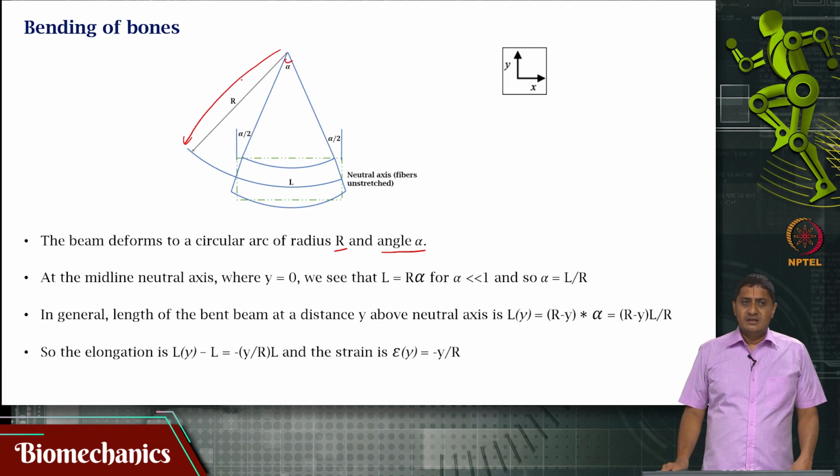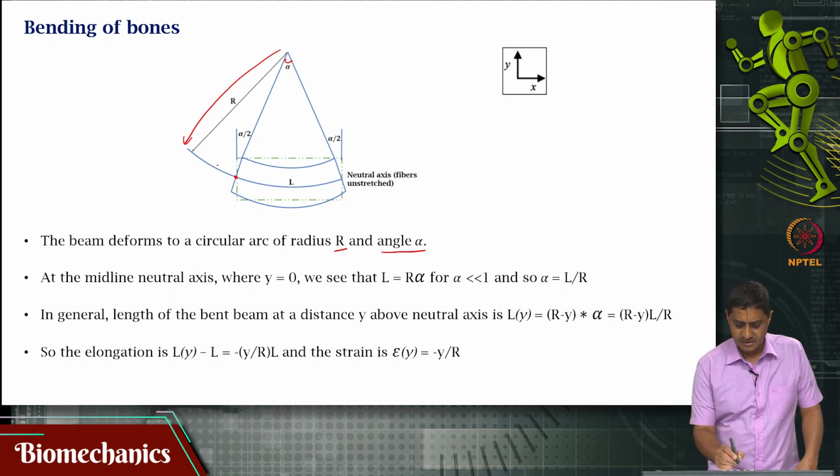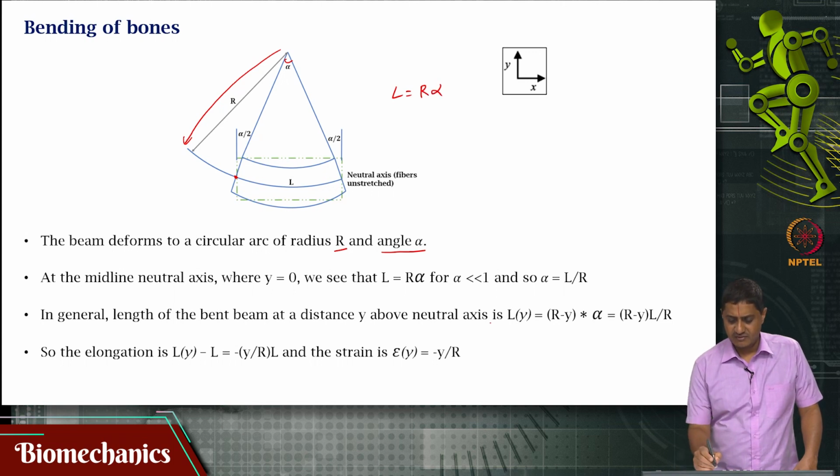At the middle axis or the neutral axis where small y is equal to 0, at this point L is equal to r alpha for small alpha.